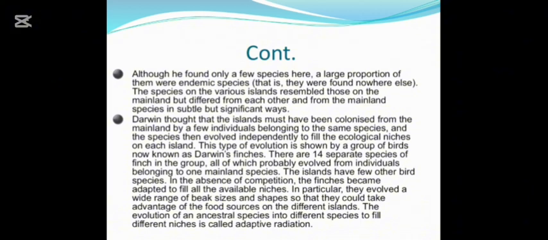In particular, they evolved a wide range of beak sizes and shapes so that they would take advantage of the food sources on the different islands. Now, the evolution of an ancestral species into different species to fill the different niches is called adaptive radiation.